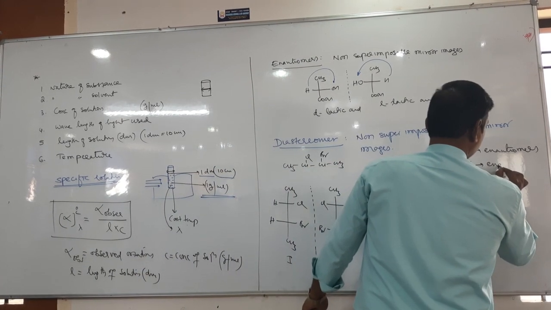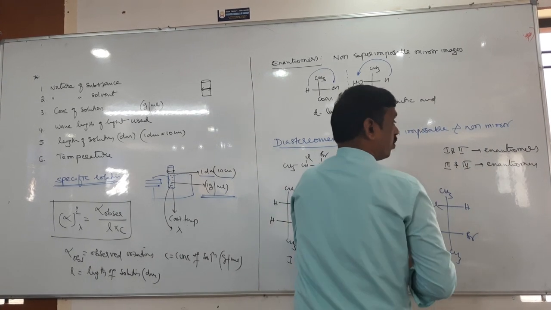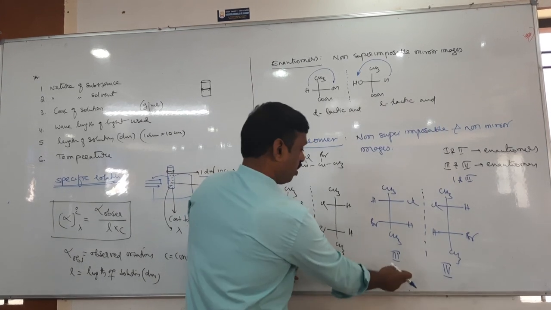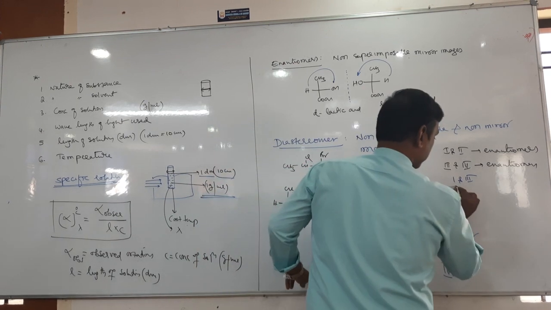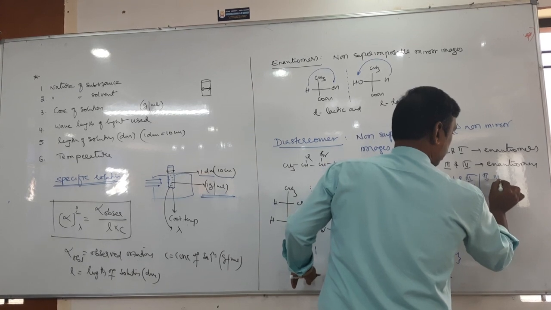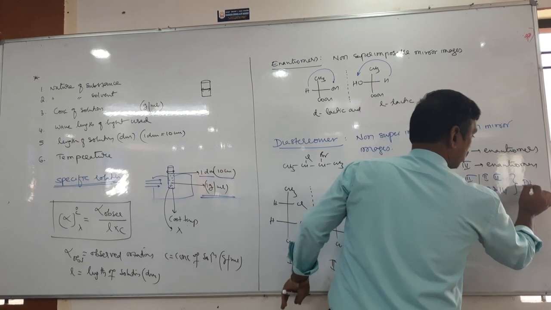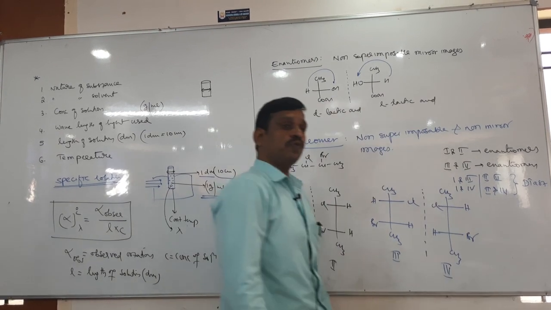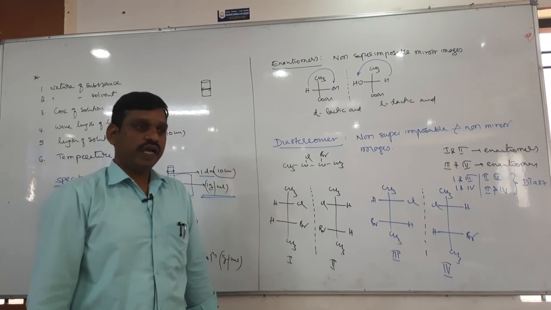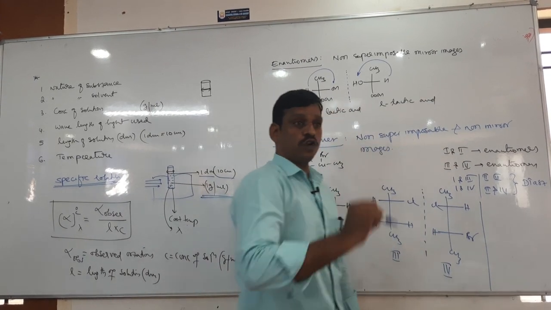So these two are also enantiomers. But now I want the relation between 1 and 3, 1 and 4, 2 and 3, 2 and 4. All these are diastereomers. They are non-superimposable, non-mirror images. They are called diastereomers.